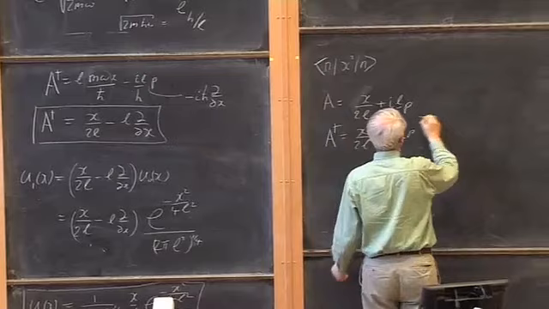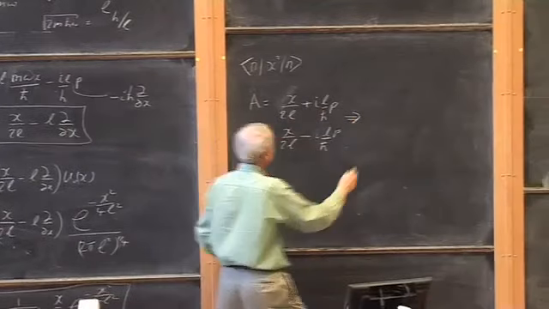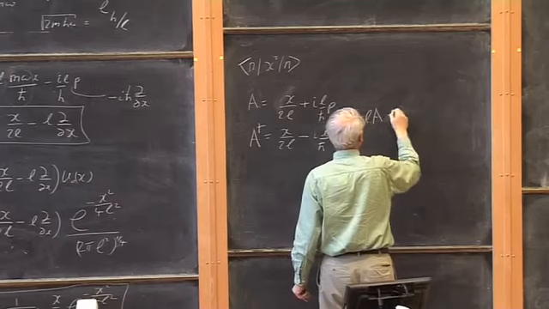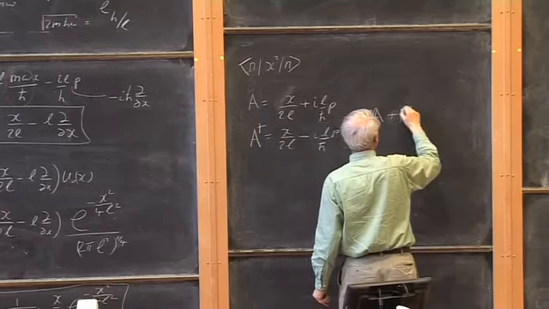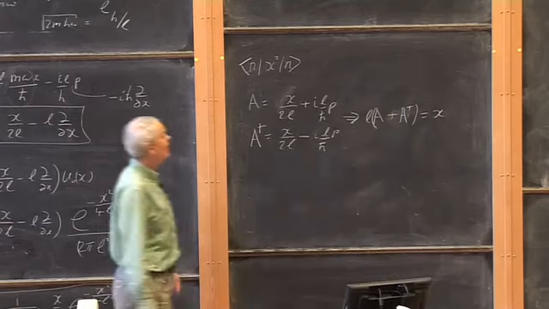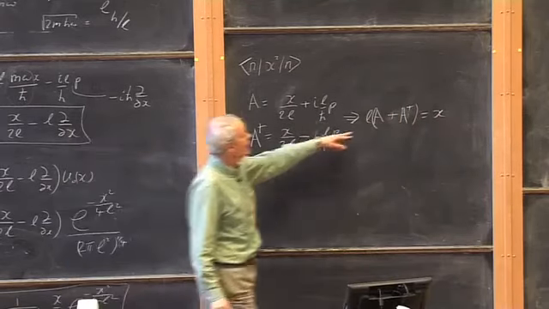So if you add these two equations, you discover that A plus A dagger is equal to x over L. So this is a very handy relationship.